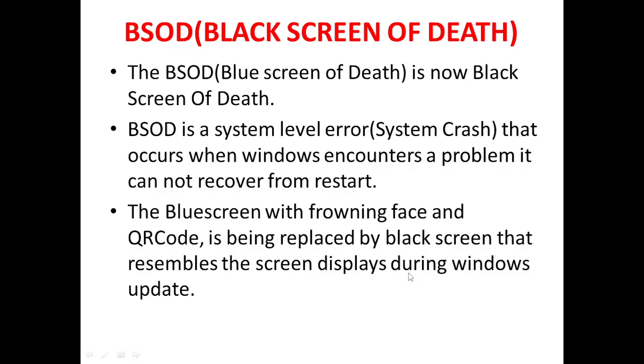Generally, maybe you know, if we get a system crash or any recent update issue, we get BSOD errors. When the BSOD error occurs, we see the errors with the QR code and frowning face. So let me show you one thing.